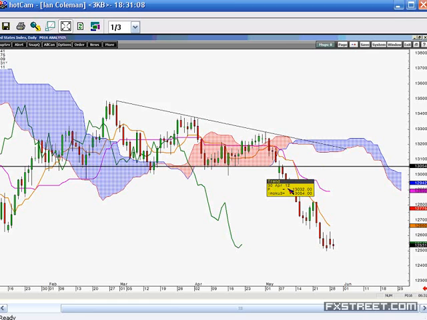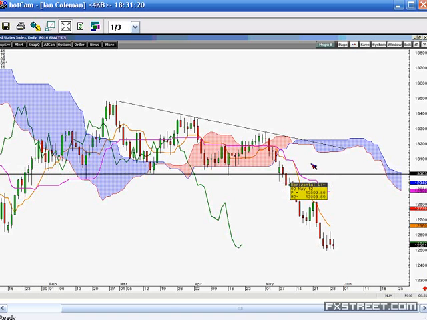Okay, also the base side of it, sort of that level, that was just the Ichimoku cloud base. So we can see a combination of price action and a combination of just being wary of what our daily cloud is dictating to us, that we want to be looking for lower highs, okay, and we want to be looking for reversal signals off the trend.